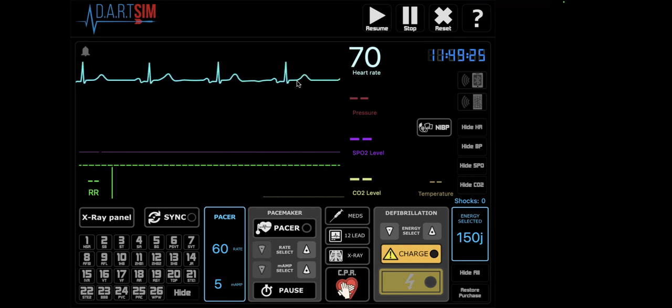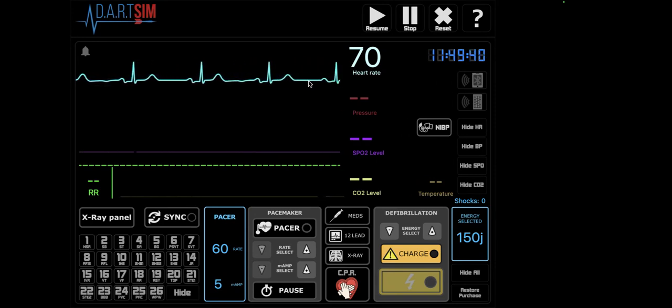You can see there is a P in front of every QRS. The QRS is slim. If we measured the PR interval, I bet you it would measure at less than 0.20 seconds.